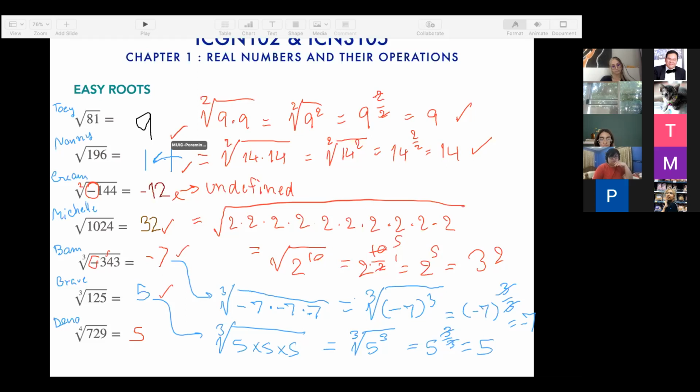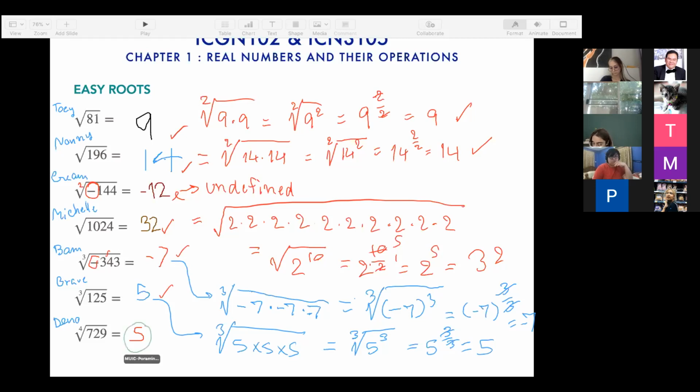Now the last one, fourth root of 729, this is a bit difficult. Let's see what Dino's answer was. The way he did it, he answered 5, so let's test.